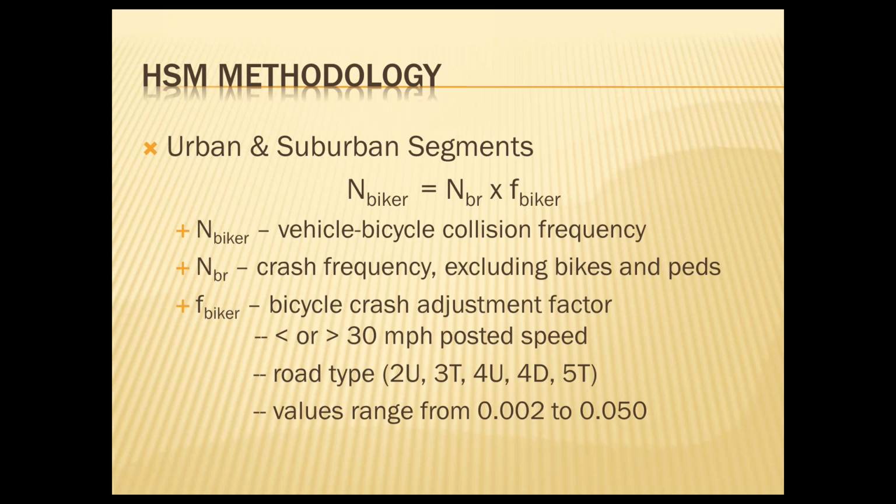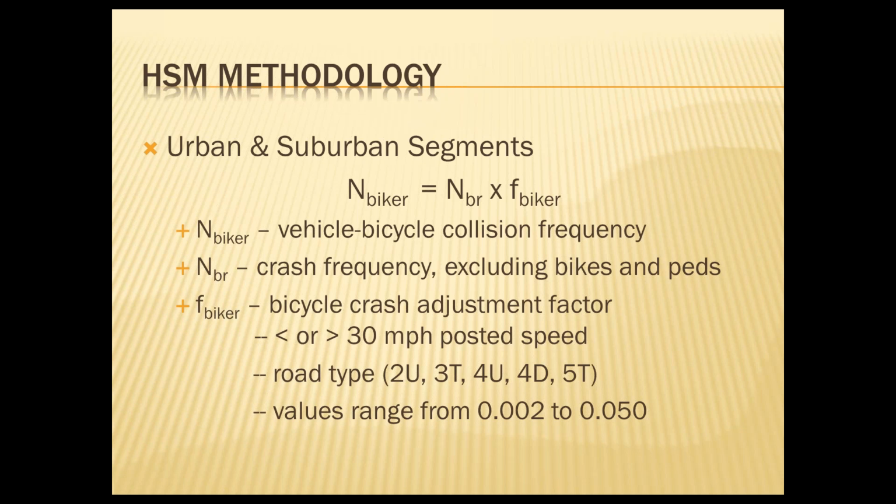In this case, just as an illustration of how bike crashes are currently predicted with the methodology, you would go through the whole calculation to figure out the predicted number of crashes per year for an urban segment of a street or corridor. Then you apply this adjustment factor for bicycle crashes, and that tells you how many bike crashes are predicted for the year.